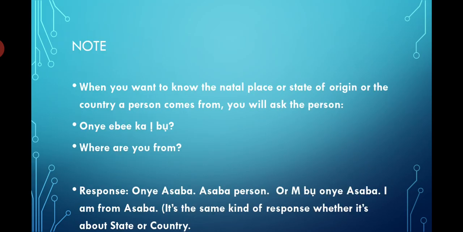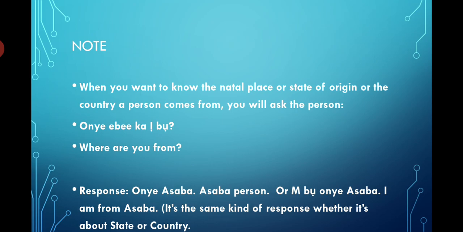So when you want to know the natal place, that is where someone is born, or state of origin, or the country a person comes from, you will ask the person, Onye EBEE ka ị bụ? Where are you from? Now, in response, the person could say, Onye Asaba, that is Asaba person.